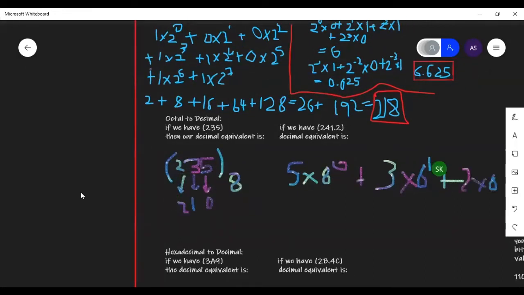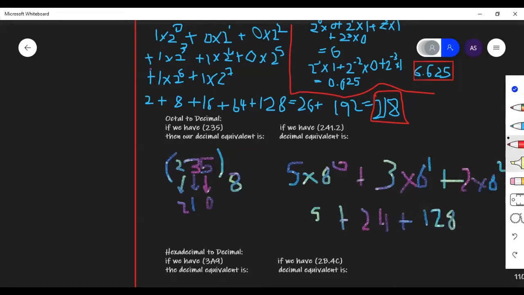So let's just calculate this. 8 to the power 0 is 1, so we have 5, plus 3 times 8, which is 24, plus 2 times 8 to the power 2, so 2 times 64, which is 128.